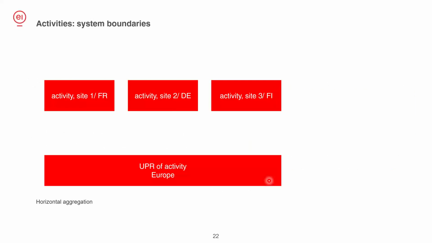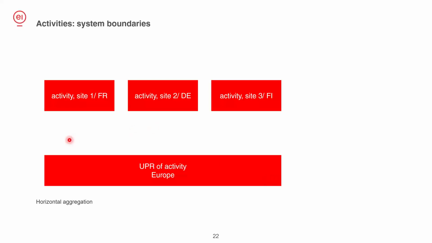Even though an activity is the smallest element in the ecoinvent database, still sometimes activities are not fully disaggregated. This can be either because it doesn't really bring additional value to have a very high level of detail, or because data are not always available. For example, an association may not have data for the production of a specific product at a country level, and maybe there is information available at a European level.